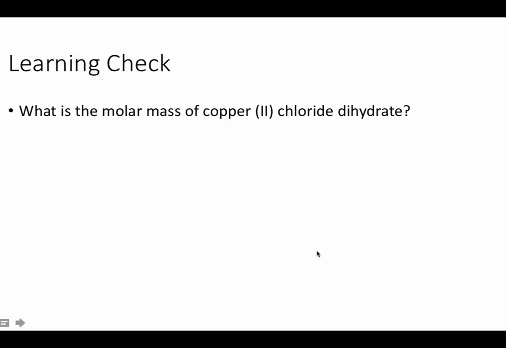So molar mass of copper 2 chloride dihydrate. First you have to come up with the formula, and we don't do a whole lot of work with these, but you do need to be familiar with them, and we will do an experiment with one. So copper 2 chloride, that tells me that copper has a +2 charge. Chlorine from the periodic table is a -1, so the formula would be CuCl2. Di, as you know, means 2.